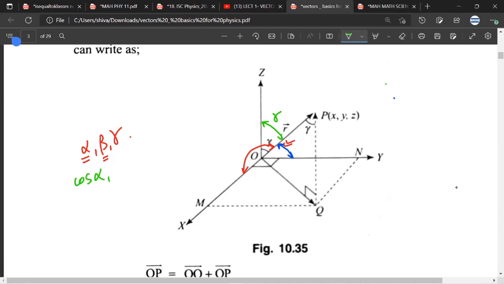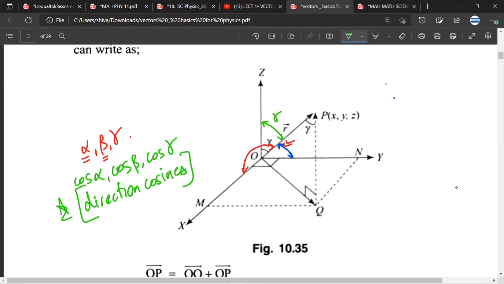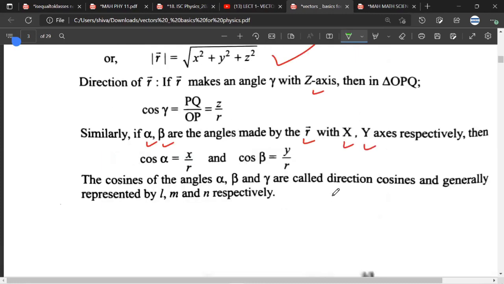We may not use it much, but no harm in meeting a new concept. Cos alpha, cos beta, cos gamma are what are called the direction cosines. We won't be meeting these concepts again until class 12th, where the non-medical students do that in detail. But still, these are called direction cosines, the cosines of the angles alpha, beta, and gamma.